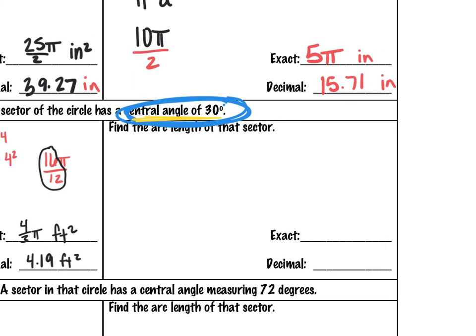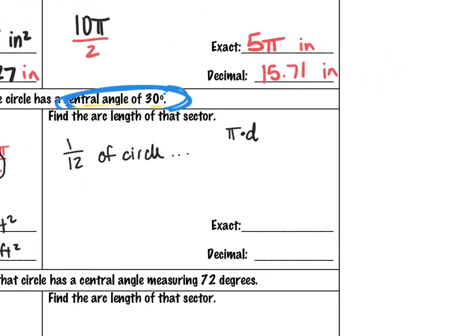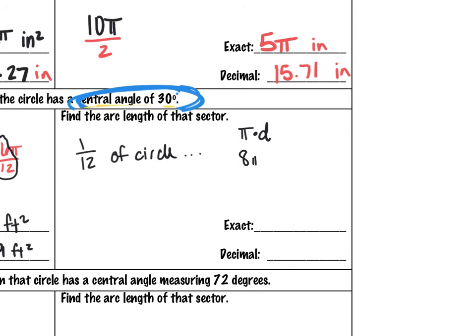I can do the same thing, but now I want arc length. I'm still looking at 1/12 of my circle. So what I'm going to do is find the circumference of that circle, which is pi times the diameter. The diameter was 8 feet. That's the circumference of the whole circle.